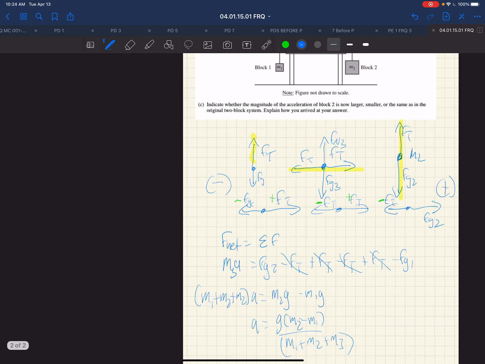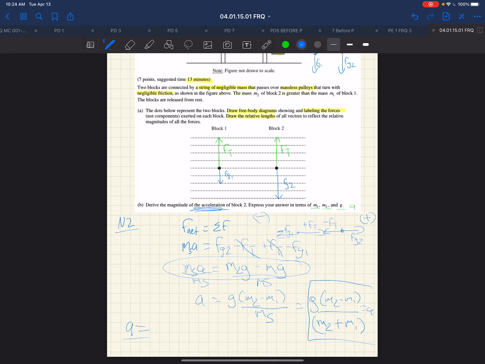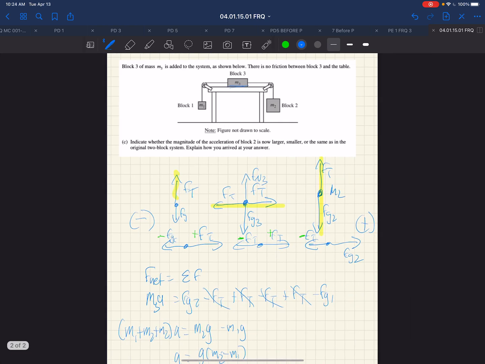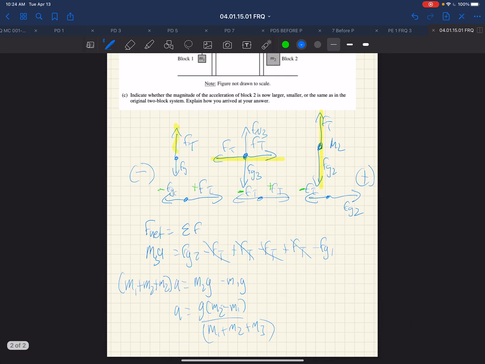So this looks virtually identical. The numerator is the same. The denominator is similar, except there's an additional mass. And increasing the mass in the denominator causes the whole term to reduce.